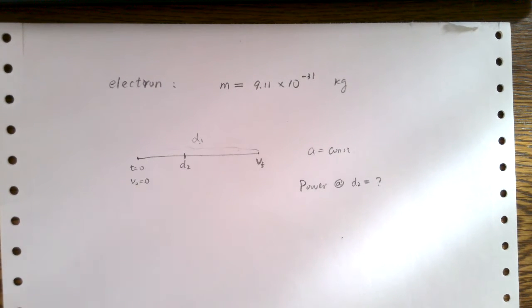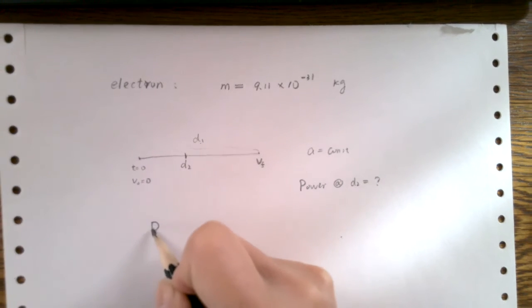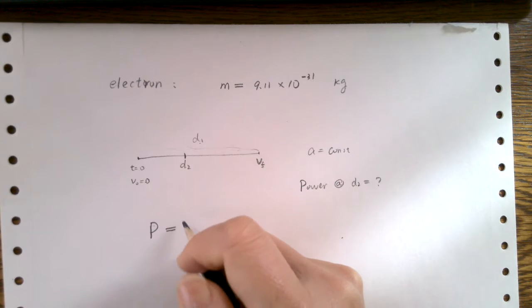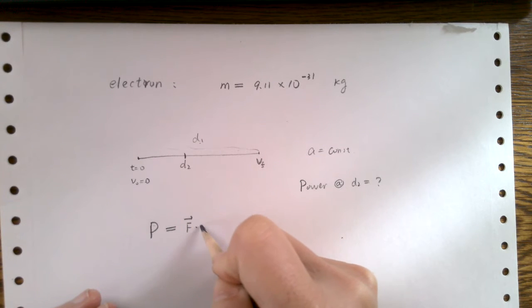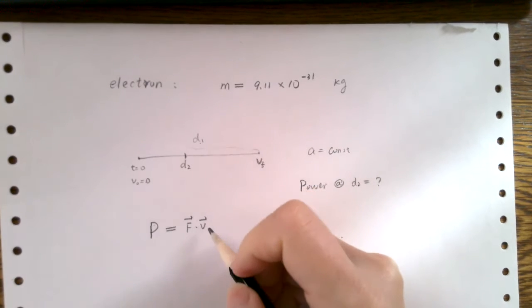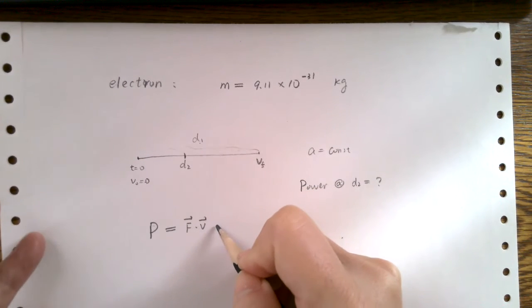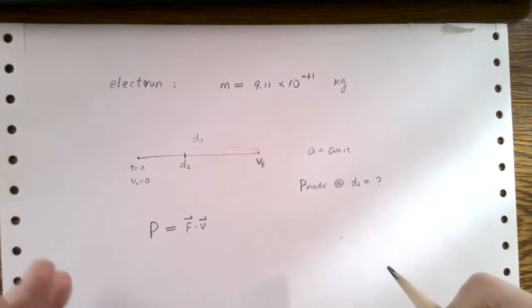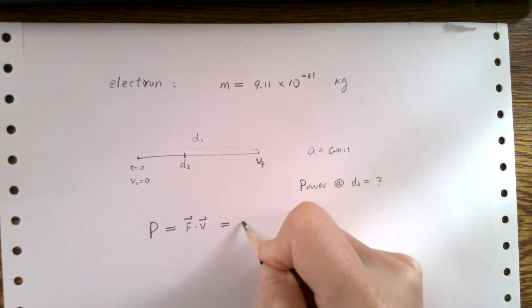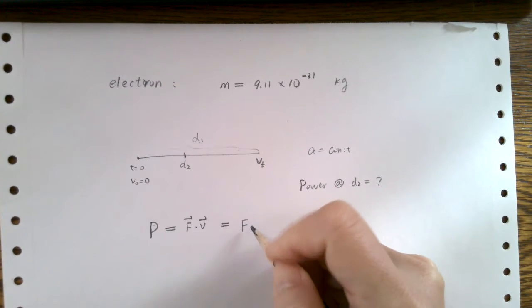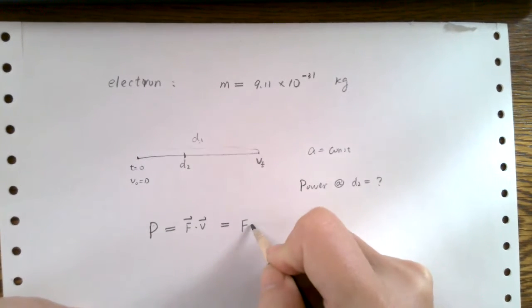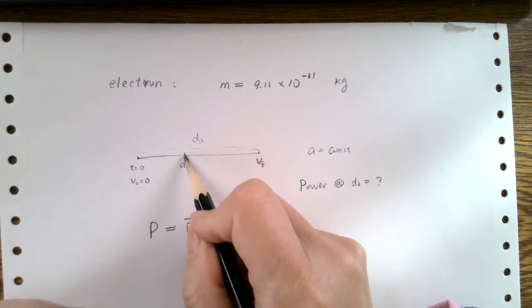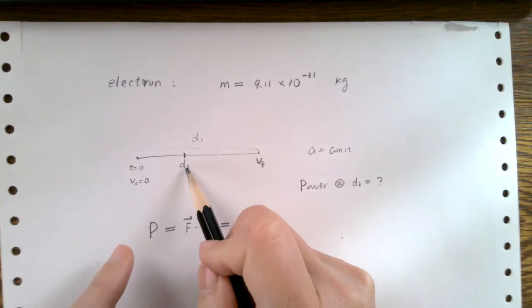Now let's think about what formula we should be using. For 1D motion, power equals the dot product of the force vector and the v vector. Because this is one-dimensional, it is equal to the magnitude of the force applied on the electron, or the particle, times v when it moves to the distance d2.